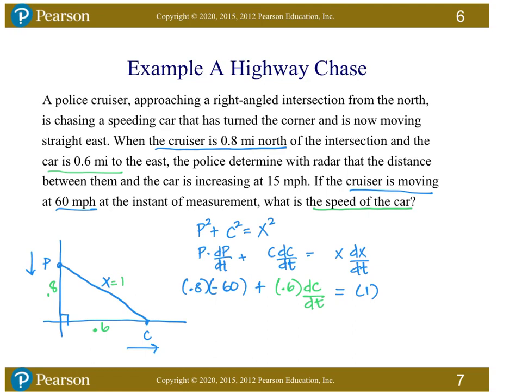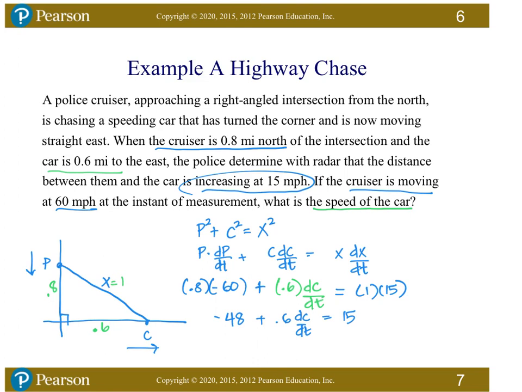And then finally, we know that the radar tells us that the distance between the police officers and the car is increasing at 15 miles per hour. And so we've got a positive value to plug in for dx/dt. So this gives us negative 48 plus 0.6 dc/dt equals 15.